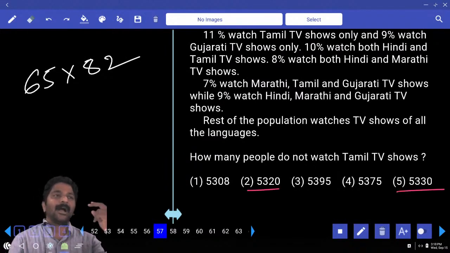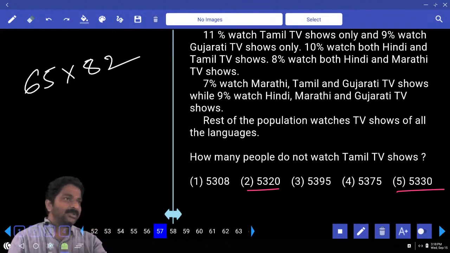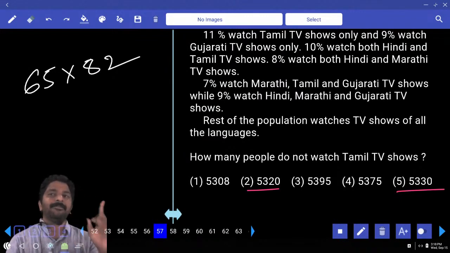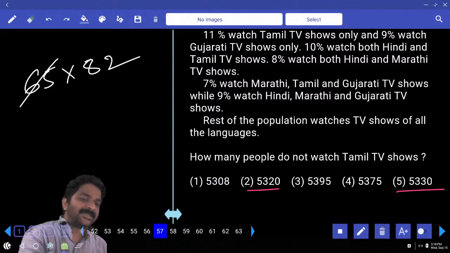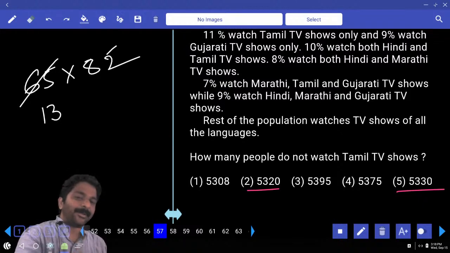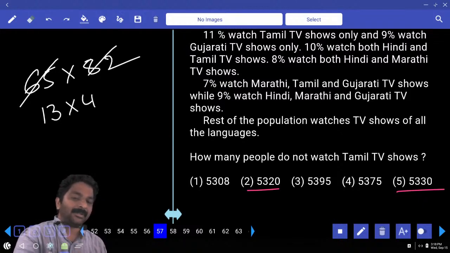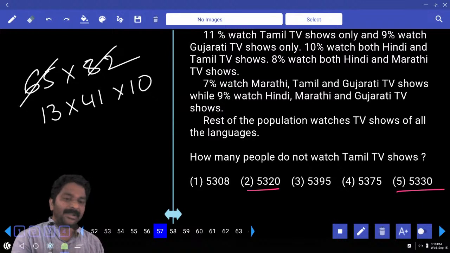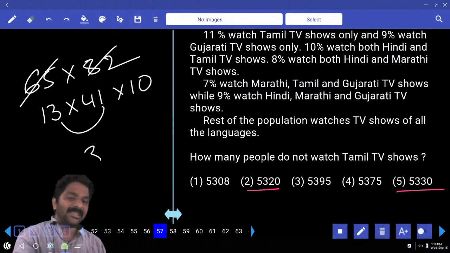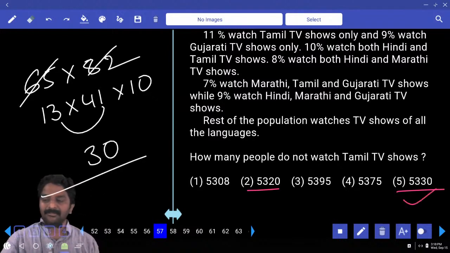So I would like to identify last 2 digits. I know that last digit is 0. So for that we need 2 and 5. 2 into 5 will give you 0. Am I right? Separate 5 from this number, you'll have 13. Separate 2 from this number, you'll have 41. 5 into 2, 10 is separated. Now 3 into 1, 3. Answer must end with 30. 5th option final.